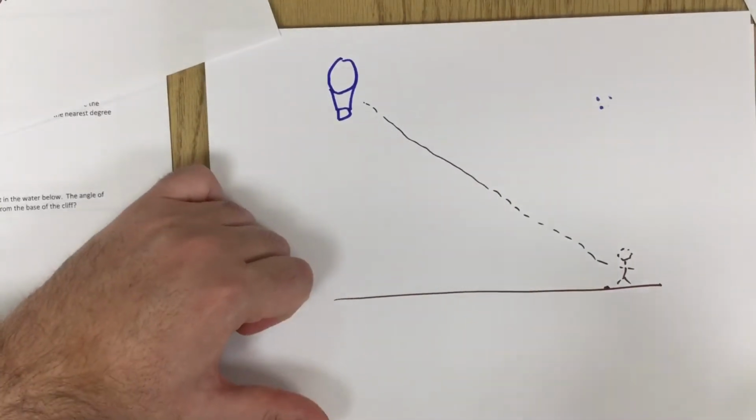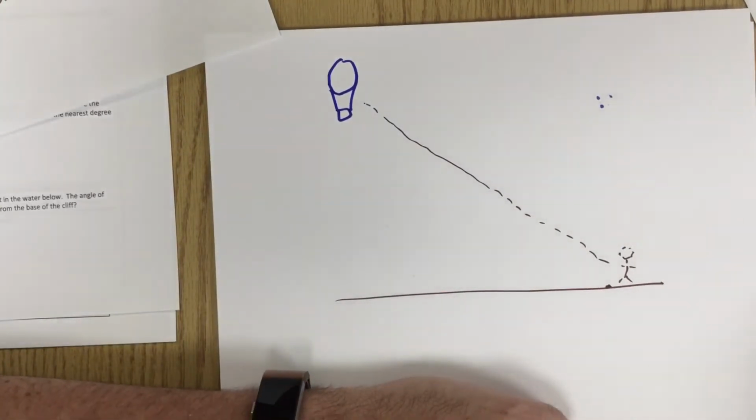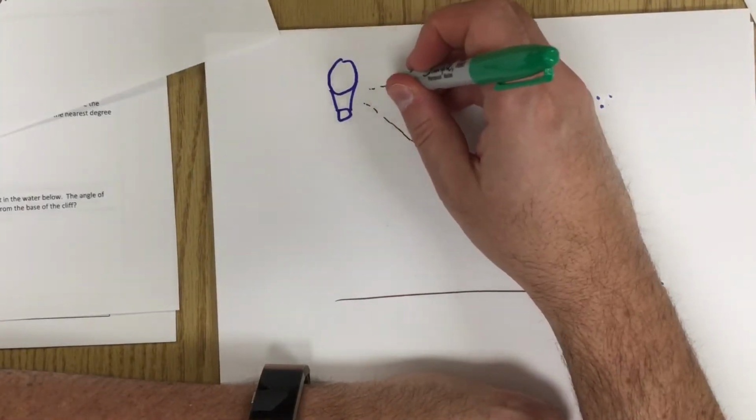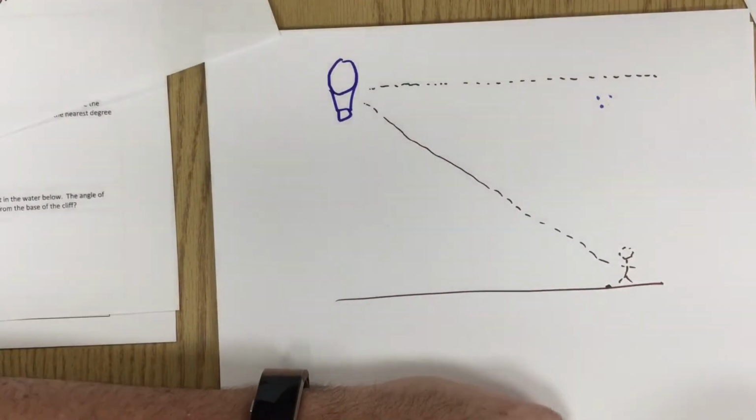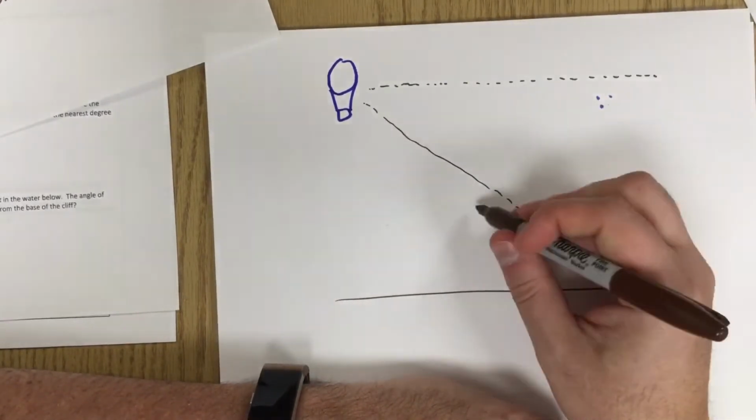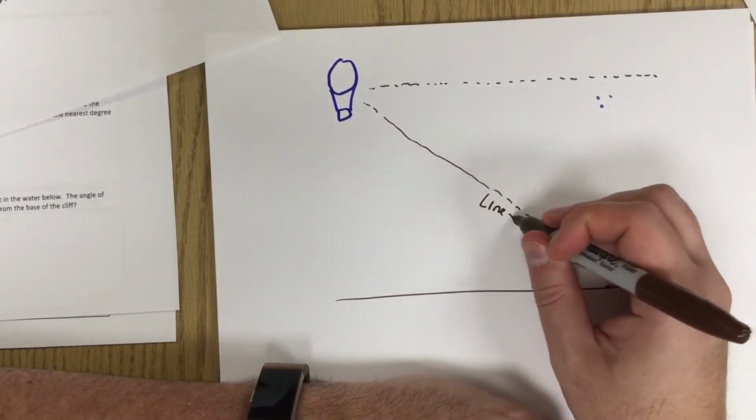And that one's a little bit different. That one over here, we're actually going to knock off a horizontal line. So this is a horizontal line. So again, we have our line of sight.